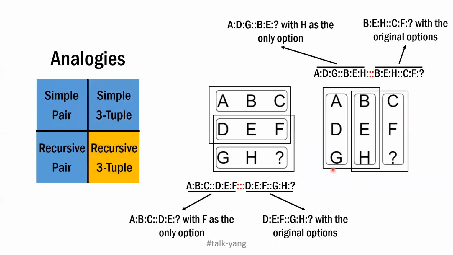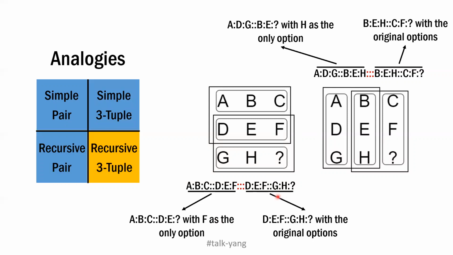A recursive analogy in our system is composed of two or more simple analogies, where each simple analogy represents a subproblem. So for example, let's say this recursive analogy on the left. The first simple analogy in it represents a subproblem with F as the only option to choose from.